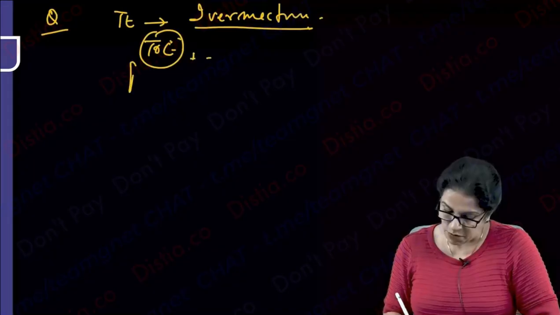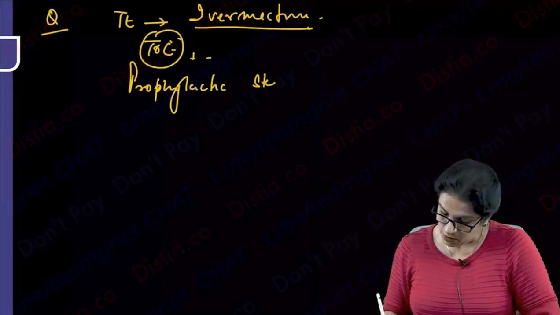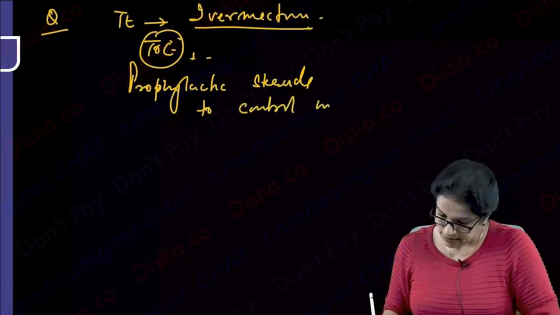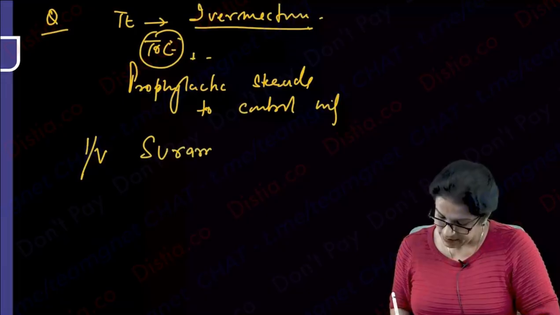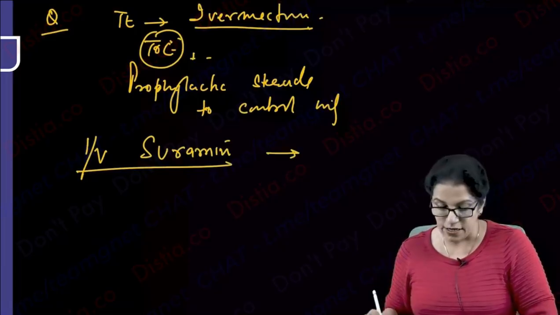Along with that, you can give prophylactic steroids to control inflammation. And for the adult, the drug is IV suramin. This is effective against the adult worm.